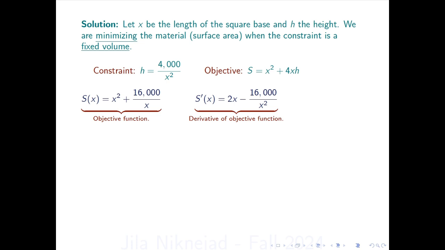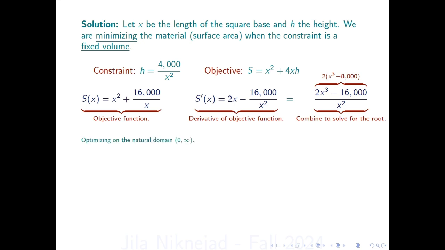And the next part is to find the critical value, which is by setting S prime equal to 0. Before doing that, make sure to combine the two terms and find the common denominator, which we did here. Then set the numerator equal to 0 to find the zero of S prime.